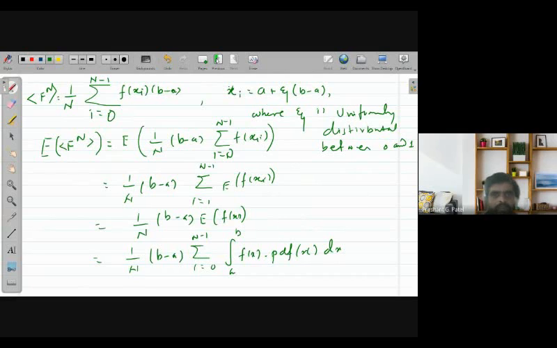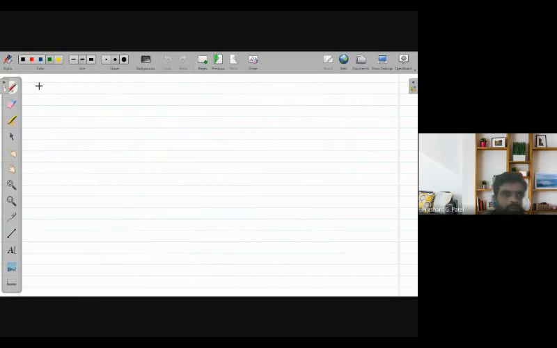So this will give you the expectation of F n as 1 over n, b minus a, summation i running from 0 to n minus 1, integration from a to b of f of x dx.